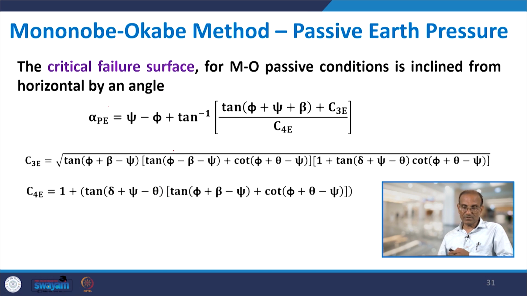Alpha p can be calculated from this relation, which is psi minus phi plus tan inverse this. So, you have one angle, two angle, and then beta the third angle, and then phi, and then you have another angle involved. So, all 5 angles are involved here.